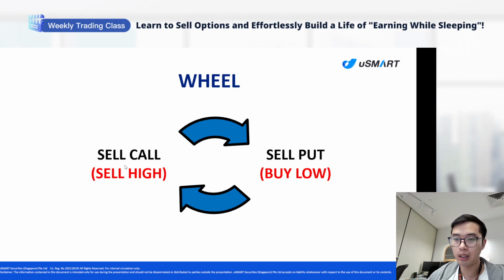Actually, we can directly close our sell puts. You can, but it depends on the price at that time.